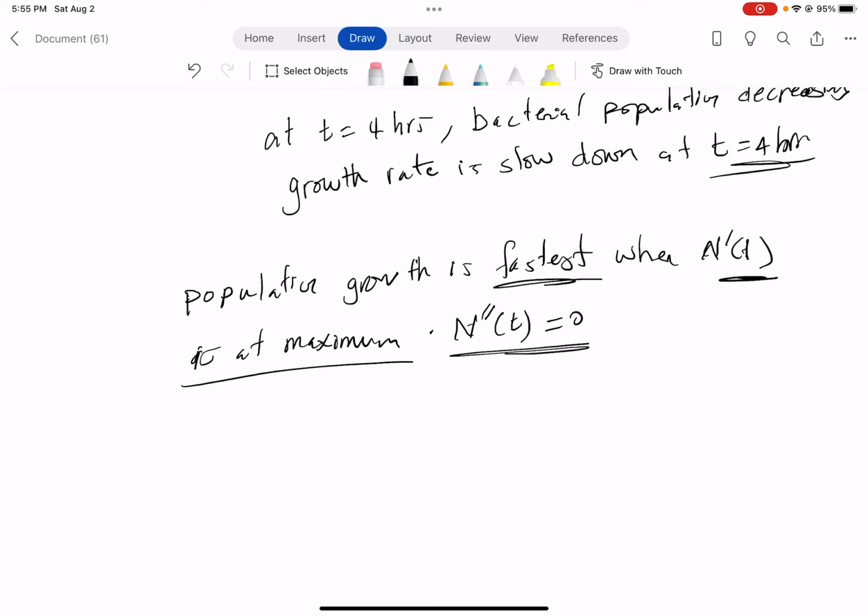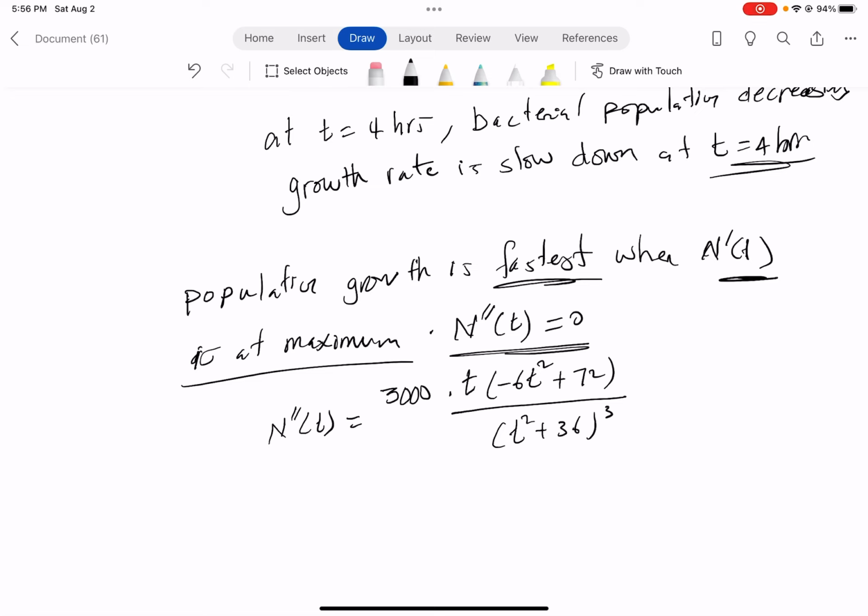So we will do the n dash t. Let's see, we'll have it as according to the final answer we got previously, times t times minus t squared over (t squared plus 36) cubed.